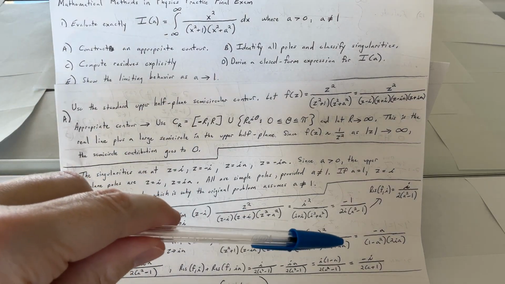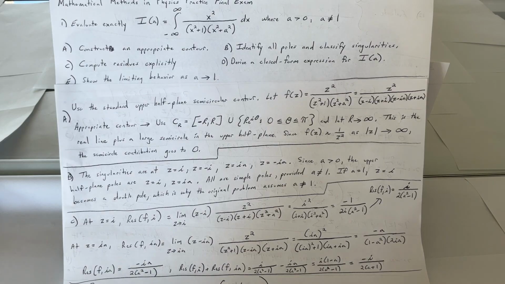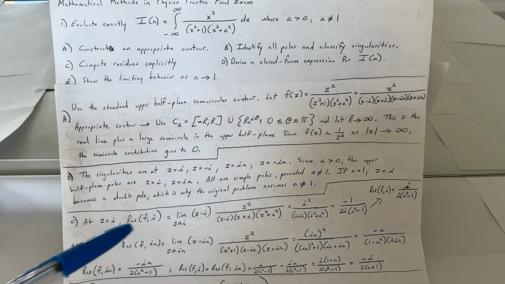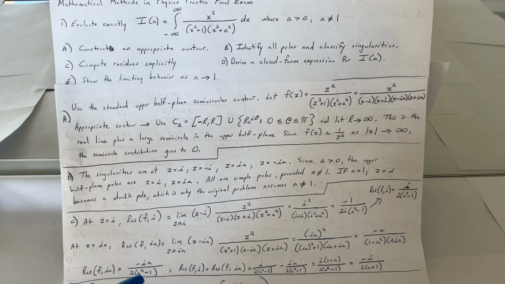And that equals negative A over the quantity 1 minus A squared times 2IA. So the residue of f at IA is negative IA over 2 times the quantity A squared minus 1 when we simplify that.